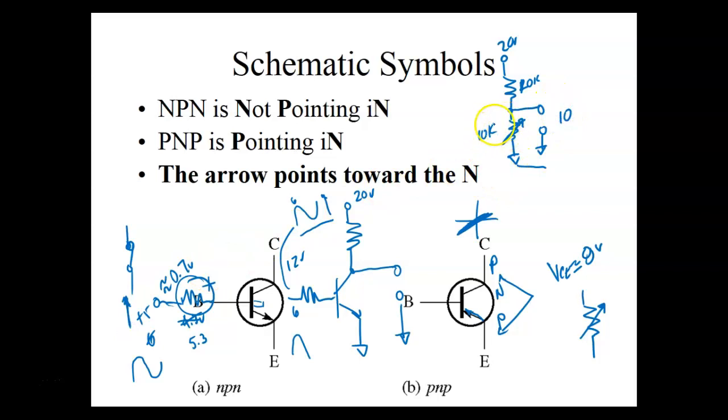So what would happen if I change this down to a 5K? We could calculate current, but there's a lot faster way to do it. We can use what we call a voltage divider formula.